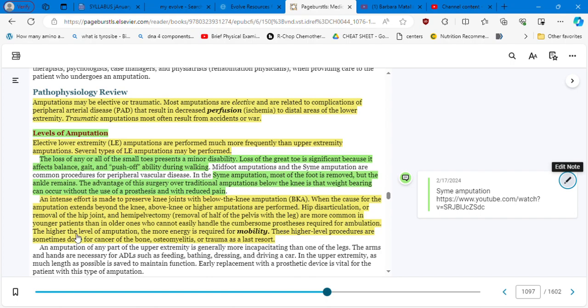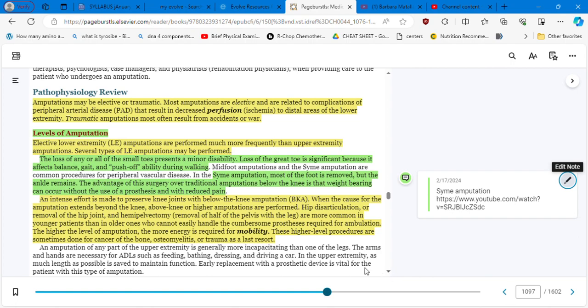The higher the level of amputation, the more energy is required for mobility. That's good to know. These higher level procedures are sometimes done for cancer of the bone, osteomyelitis, or trauma as a last resort.